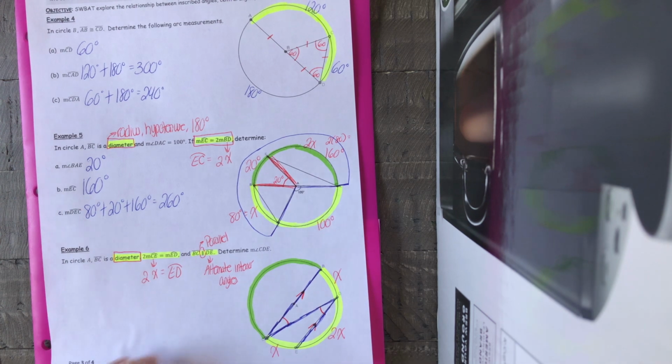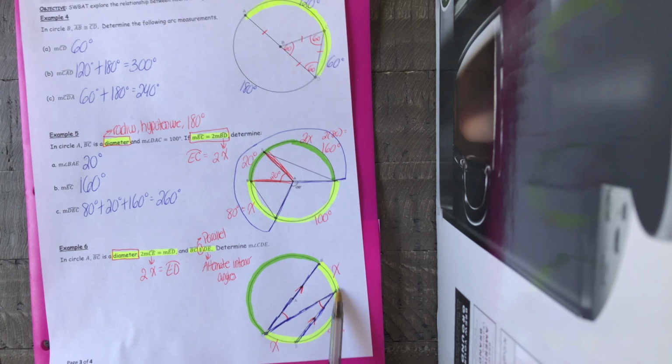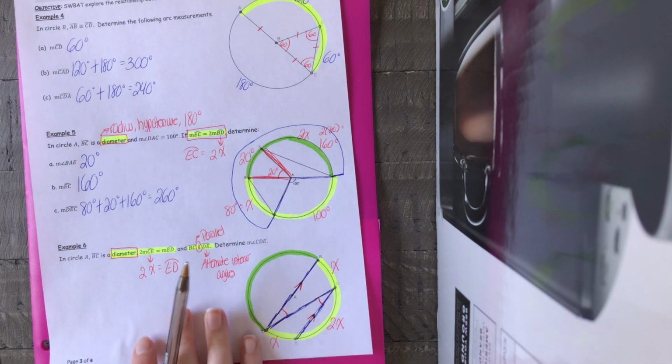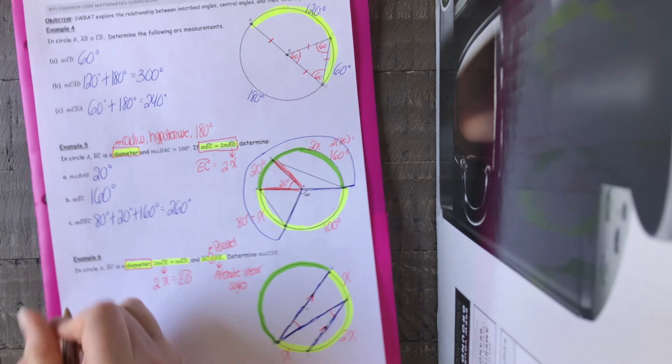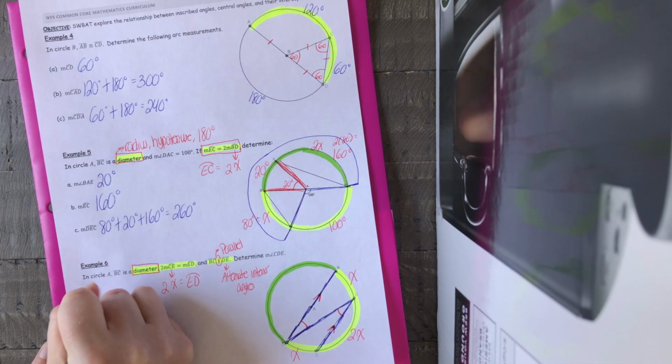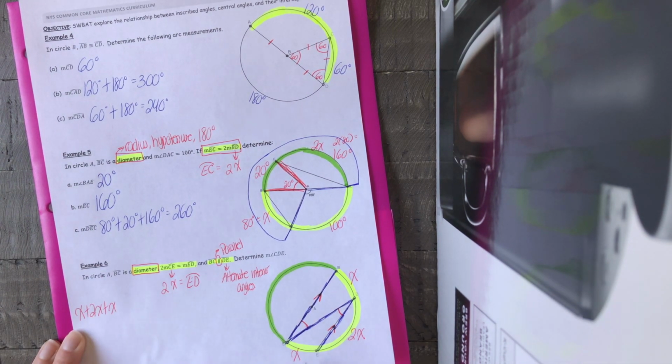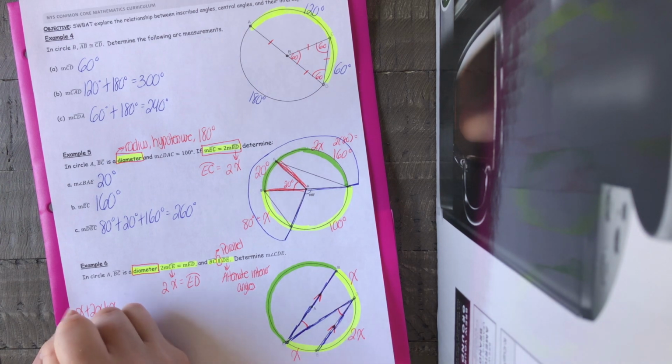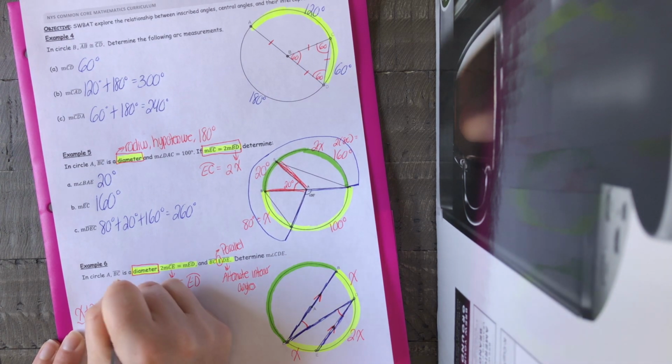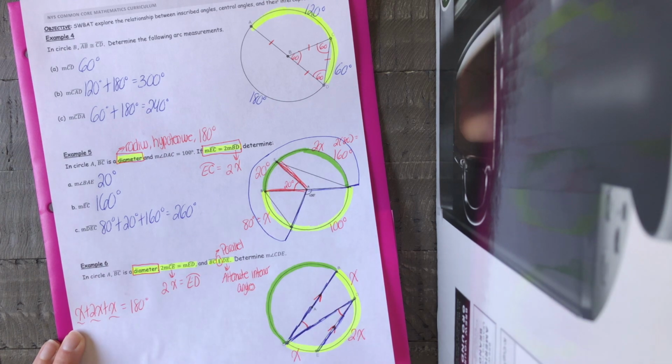It might look like they didn't give us enough information to solve, but really they did, because this entire arc is 180 degrees. So if I take my x, my 2x, and my last x, and add all three of those arcs together, it should make 180 degrees.